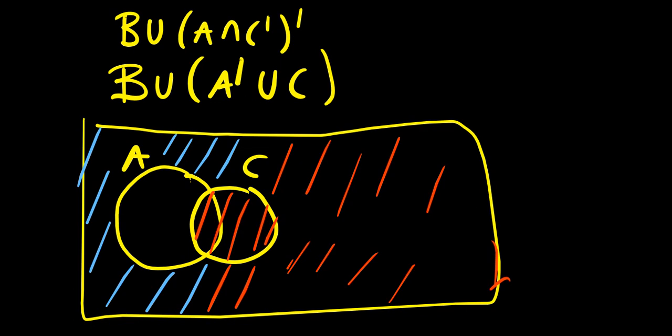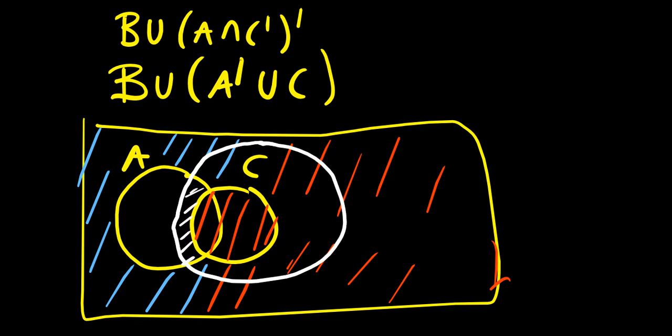You can put your B even here. Just make sure that you also shade this part, because you want to find everything that is in B and everything that is in the rest, like that. So this is how you're going to shade this other part. So thank you, see you in the next sessions.